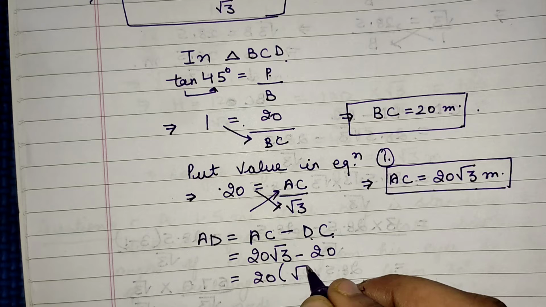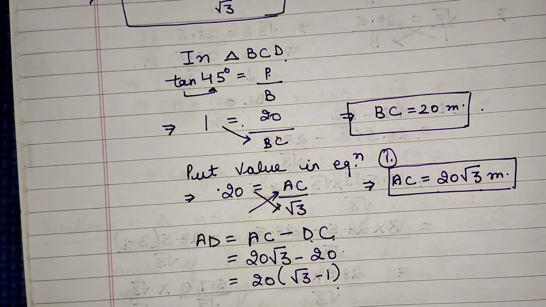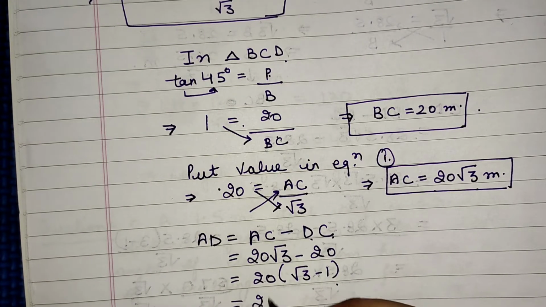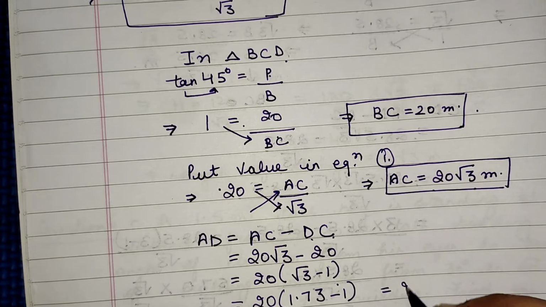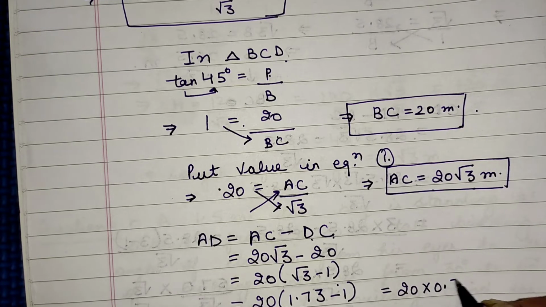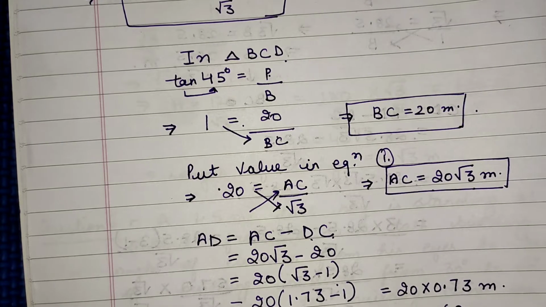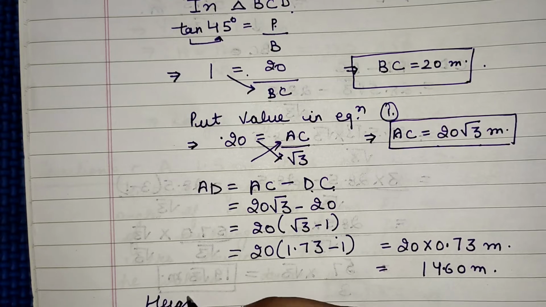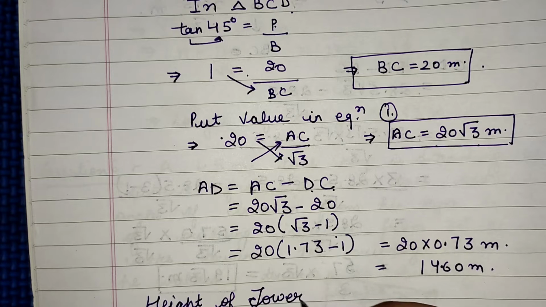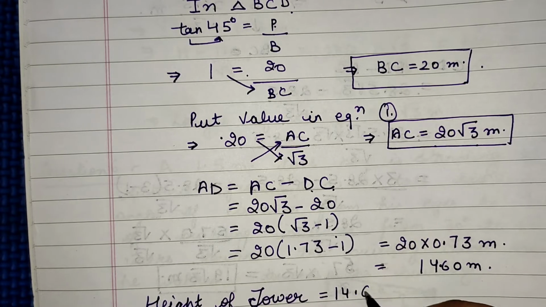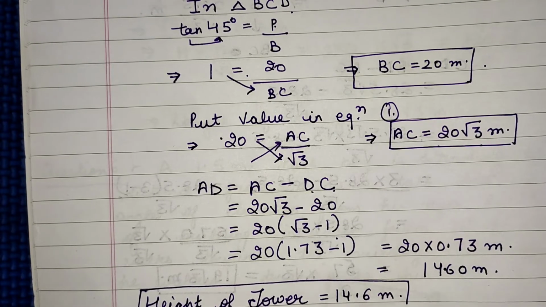If I take 20 as common, then I will get 20 into root 3 minus 1, or I can say 20 into 1.73 minus 1. So I will get 20 into 0.73 meter, which gives the height of the tower equal to 14.6 meter.